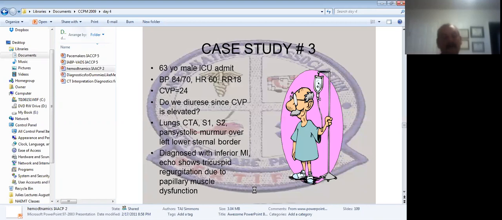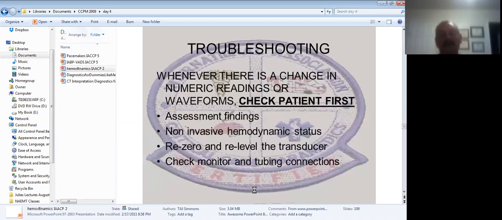So again, in this particular patient, we have a high central venous pressure, but we also don't necessarily like that our patient doesn't have a lot going on in the compensatory side. And again, with that inferior wall MI, we believe that that systolic pressure is actually pretty low. With papillary dysfunction, we know that that's a surgical fix. There's not a medicine that we have that will fix that. And the CVP reading being high is probably also related to the inferior wall MI that we have occurring.